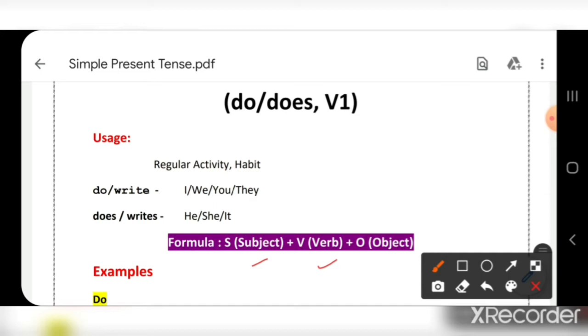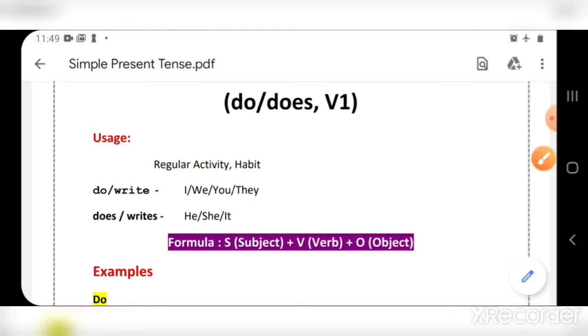So there would be he learns English. Got it? He learns English through videos. After that also we can give more information. So that depends on the subject, that depends on the content we want to speak.